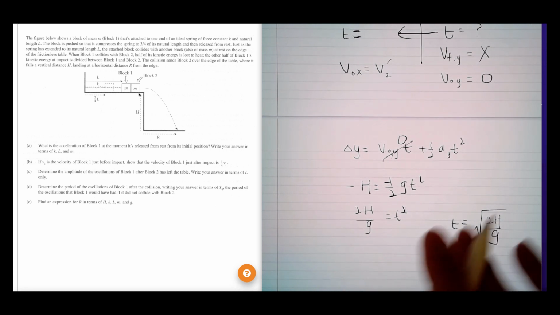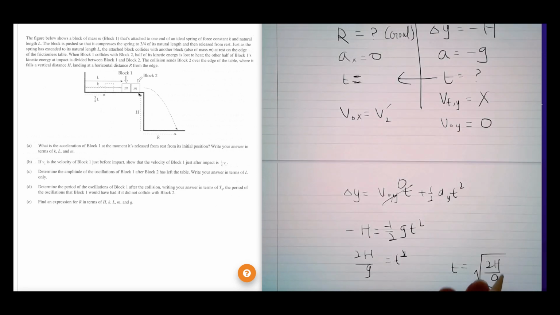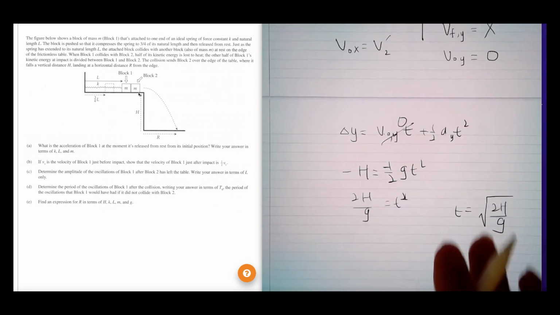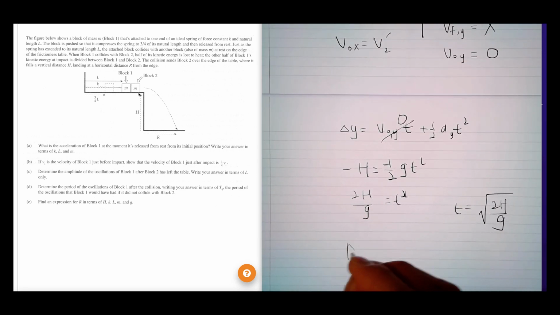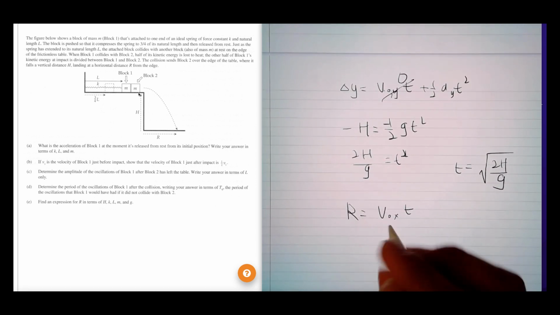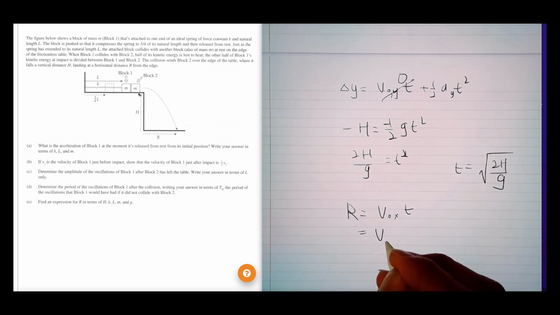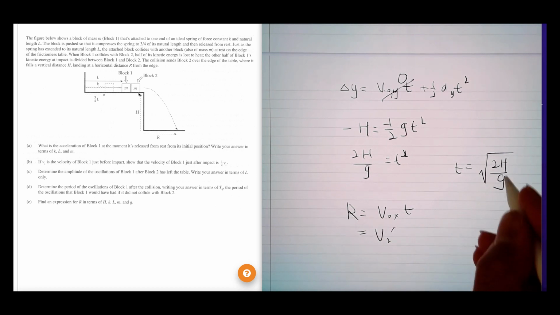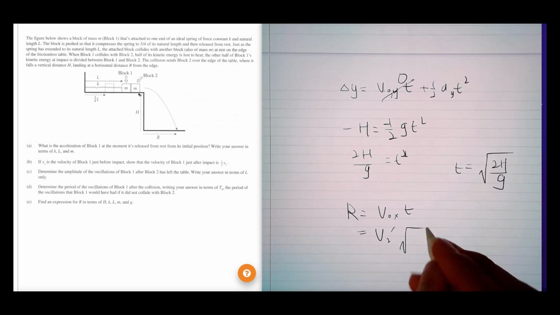Okay, so far that will go into our horizontal component equation, which is r equals v not x times t, or it's really delta x, but I'm going to call it r. V not x was really b2 prime, and we can plug this into our t.